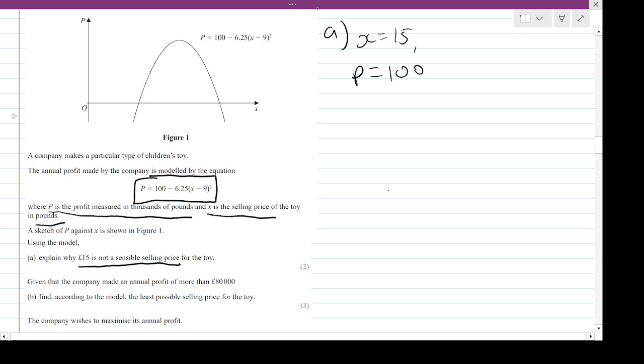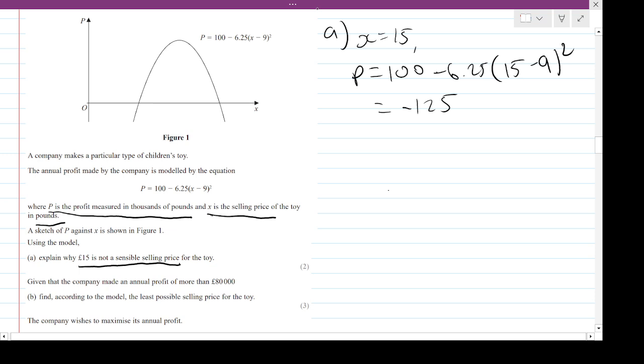Simply put that into a calculator: 100 minus 6.25 times (15 minus 9) all squared. And we get negative 125.